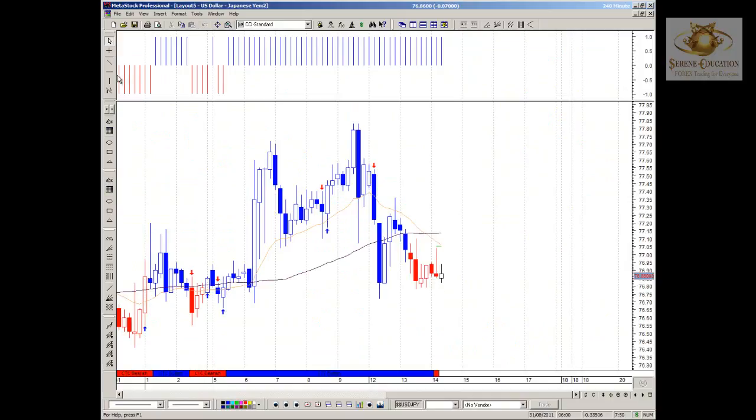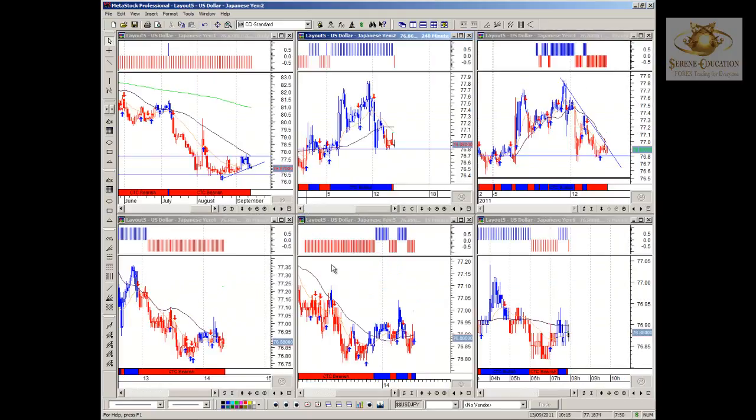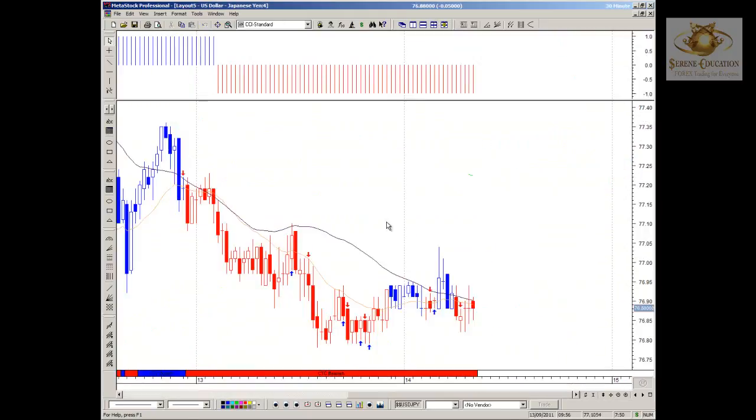On the 4 hours, it's trading below all the moving averages institutionally as well, so we know that things are still looking bearish. More downside candles, more wicks to the downside, depicting that there's further downside movement on this pair to be seen. So all we need to do now is bide our time, look for a nice bearish engulfing to break below 76.80 to confirm that we should still be seeing further downside movement, and then we should be taking our precautionary measures for that particular trade.